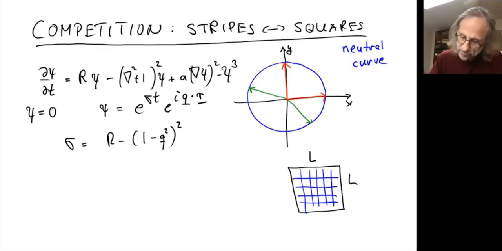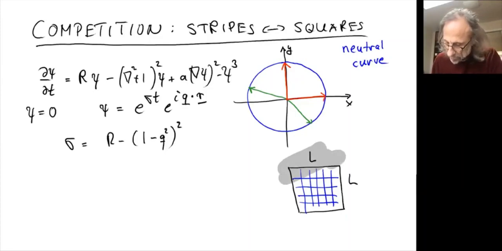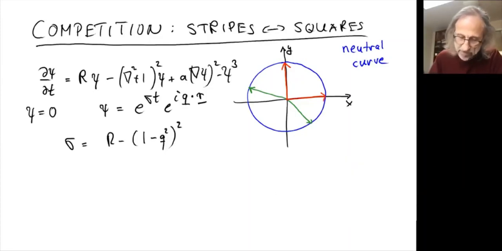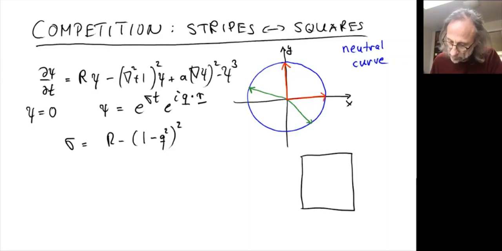And let's pick the length such that we don't have many periodicities in the box, but rather a box such that the wave number magnitude q is 2 pi over L. And so then there's only one wavelength fitting in this box in each direction, like that and like that.